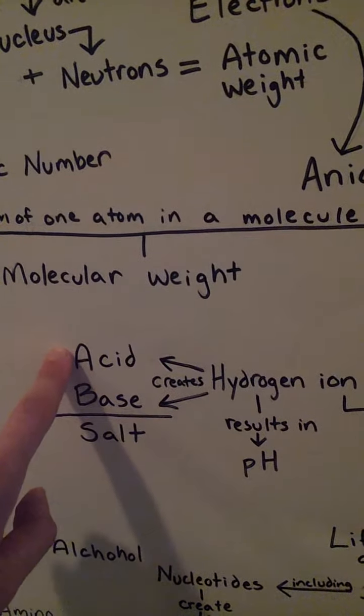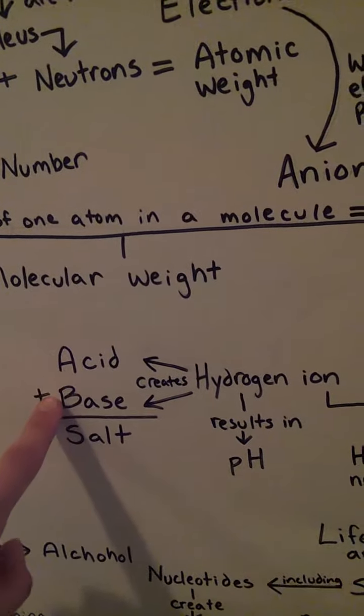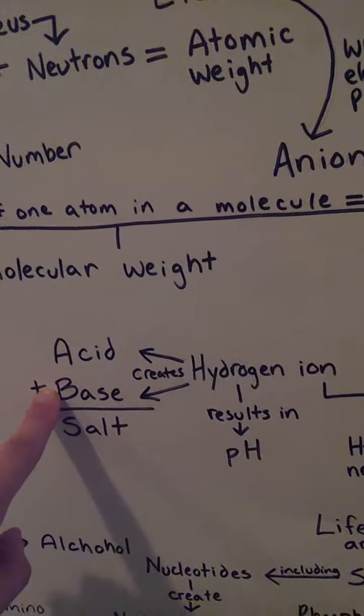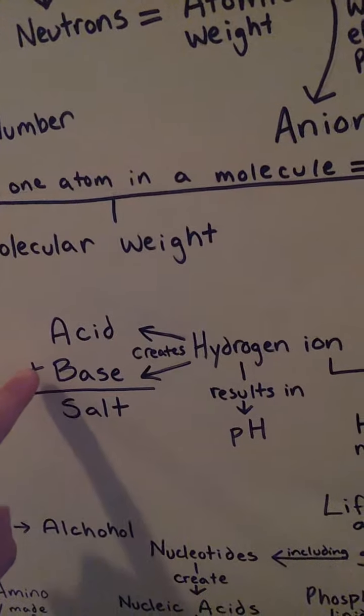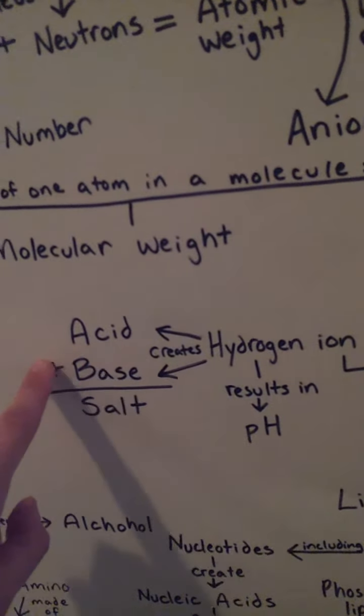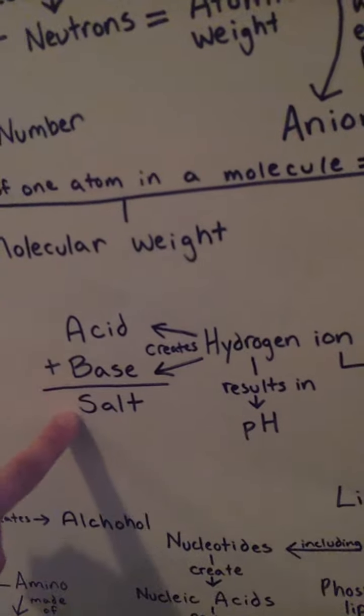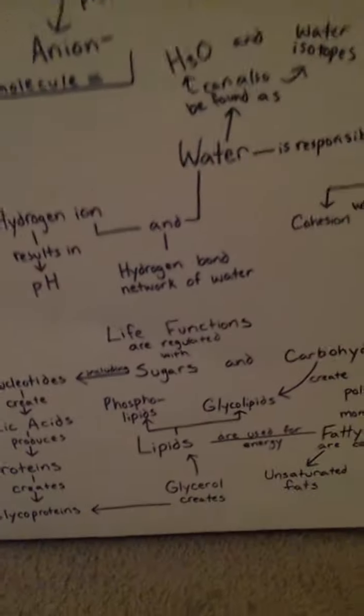Hydrogen ion plus a nonmetal equals an acid. Hydrogen ion plus a metallic substance equals a base. An acid plus a base equals a salt whenever they neutralize each other.